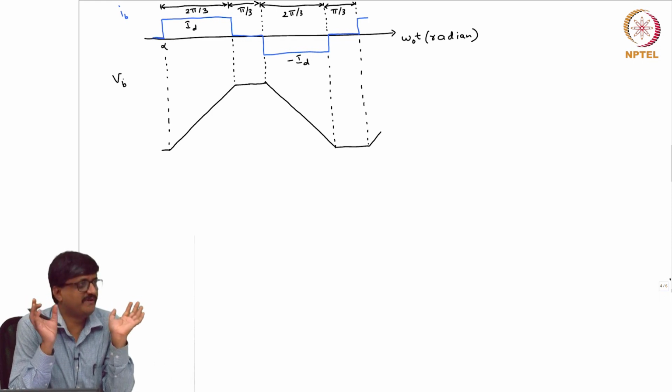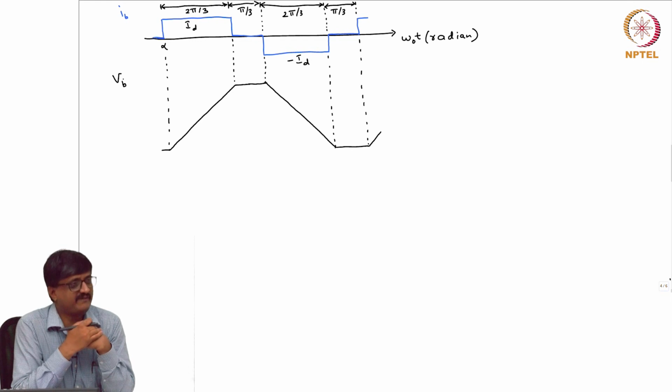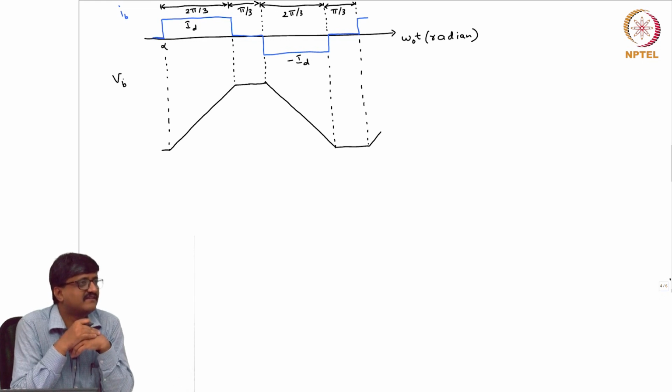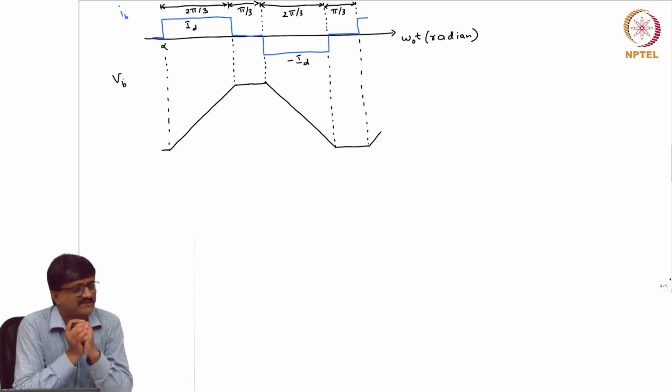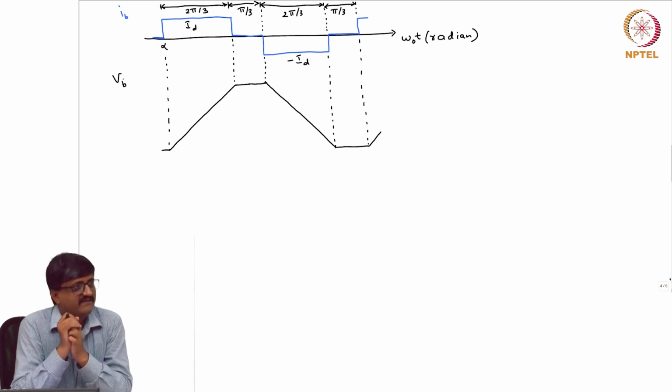IB is known to me, so from IB I am trying to plot VB. But the only question that cannot be answered using this IB is what the average value is. The average value should depend on the initial value. Now, the question is, even if the initial value is not known, can we plot VB?